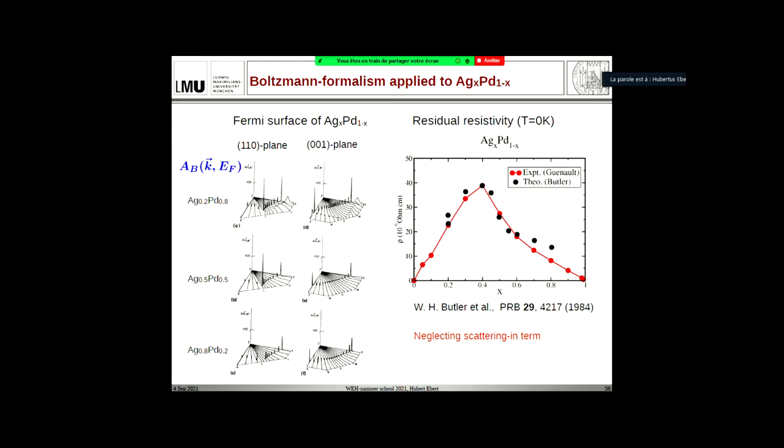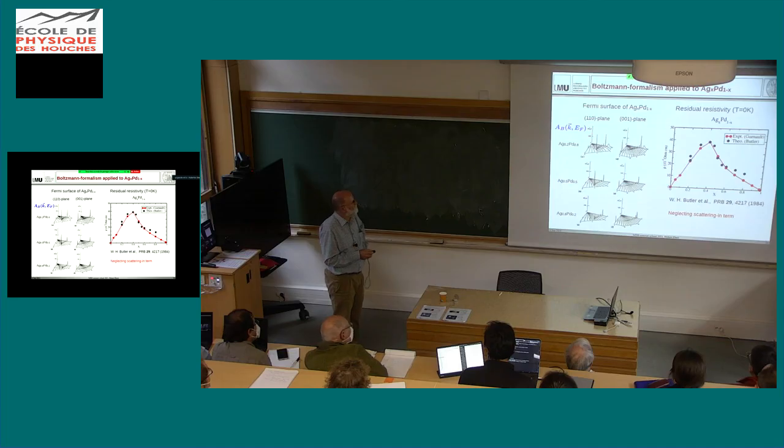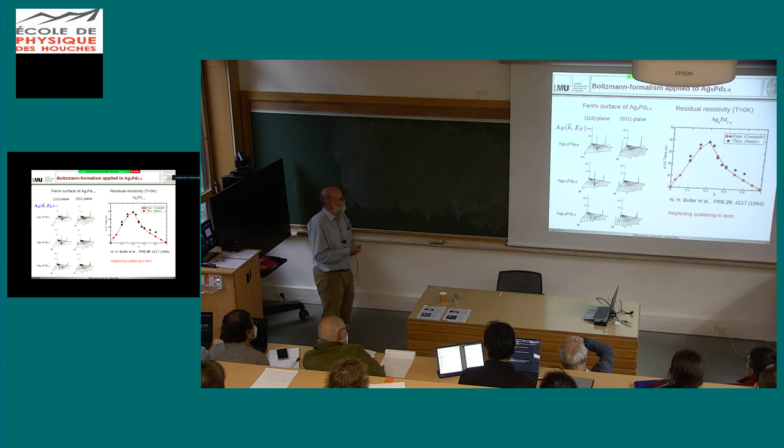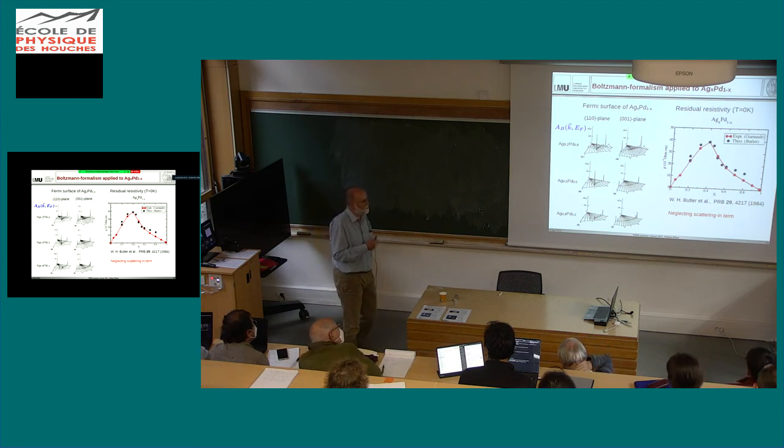And actually, this was done by Butler in the 80s. He did calculations for silver palladium. You see here some cuts, and the widths were used to get the lifetime, and he also calculated the group velocity and used the standard expression for Boltzmann transport to get, in this case, the residual resistivity for silver palladium alloys at T equals 0.